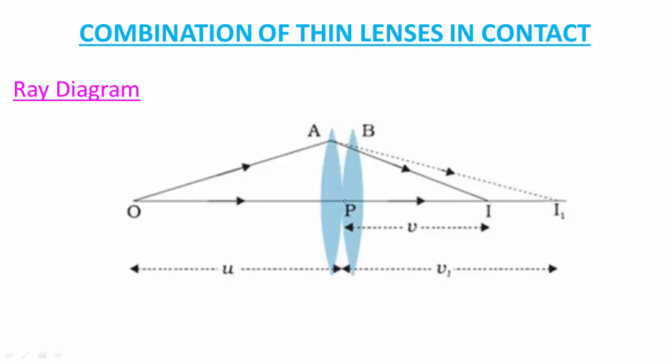From the point P we measure the object distance U, and this is the image distance, denoted by V. Here U is negative because it is opposite to the direction of the incident ray. V is positive because it is along the direction of the incident ray. Now I am going to consider this real image I in two stages.